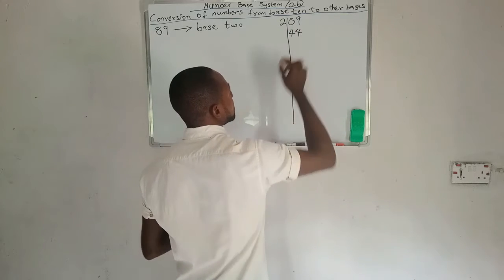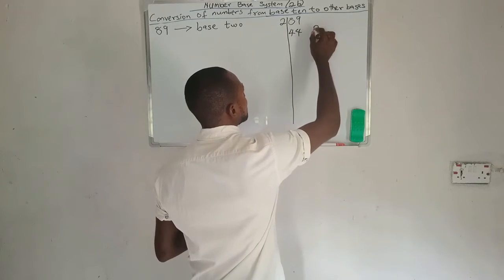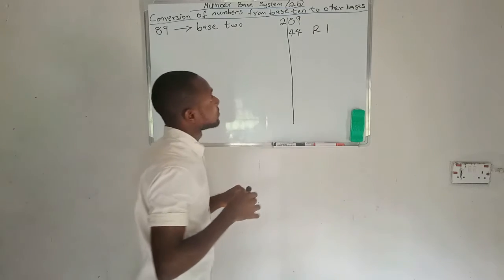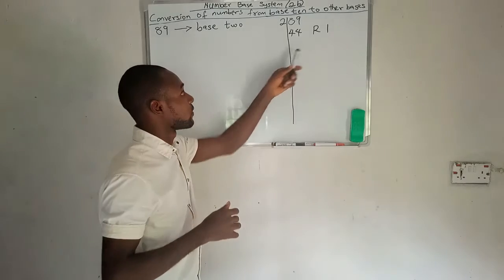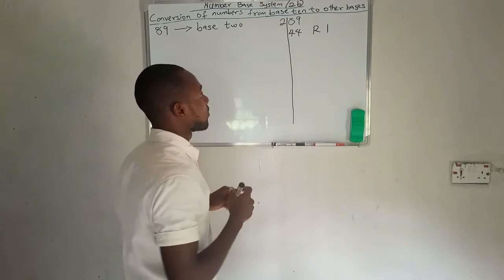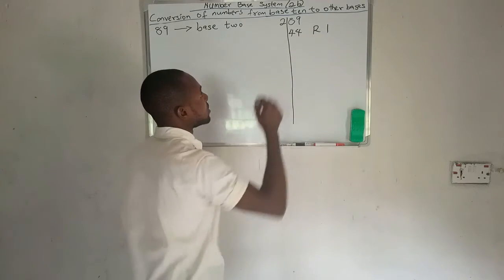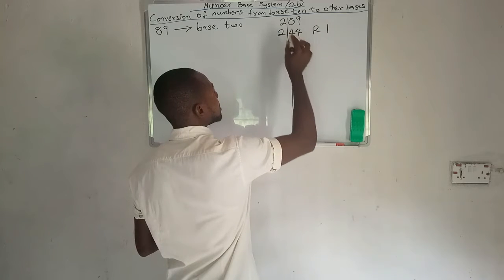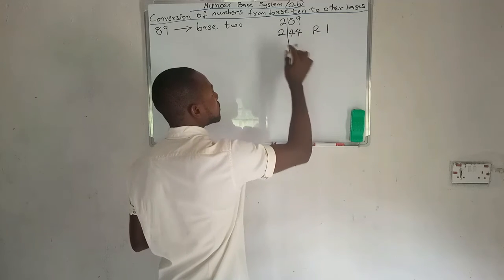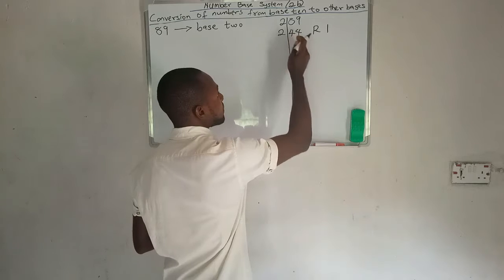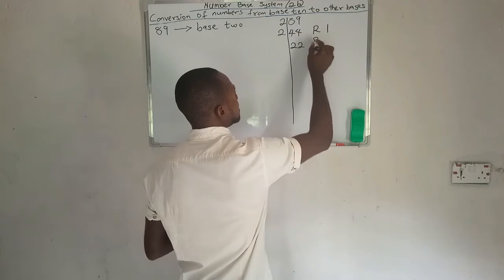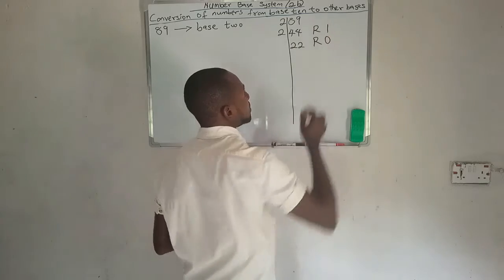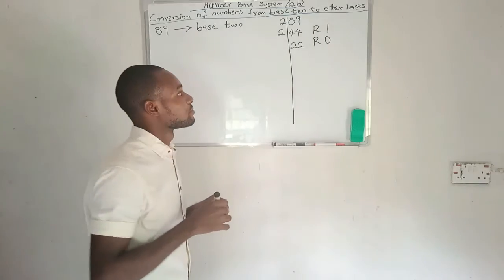Dividing 89 by 2, we'll have 44, remainder 1. Then we divide 44 by 2 again, which is 22, and we have 0 as our remainder.